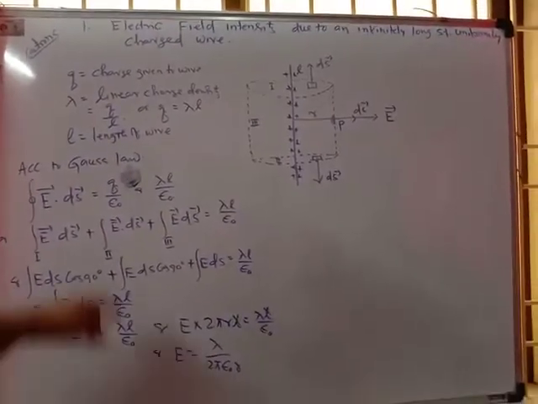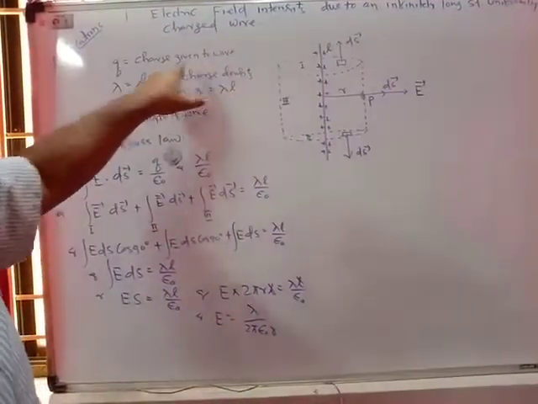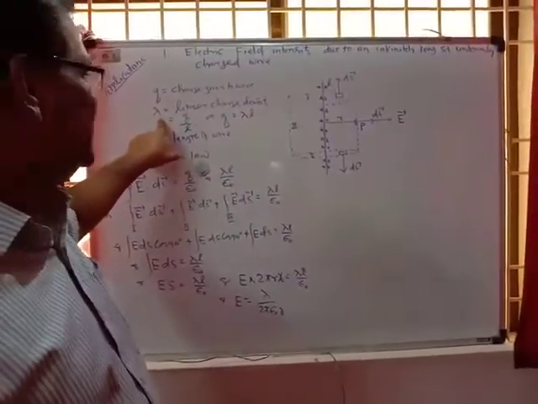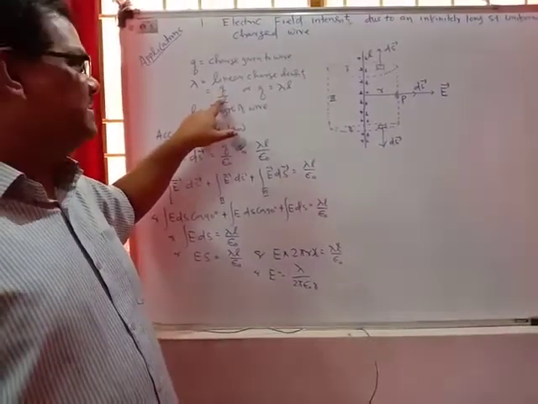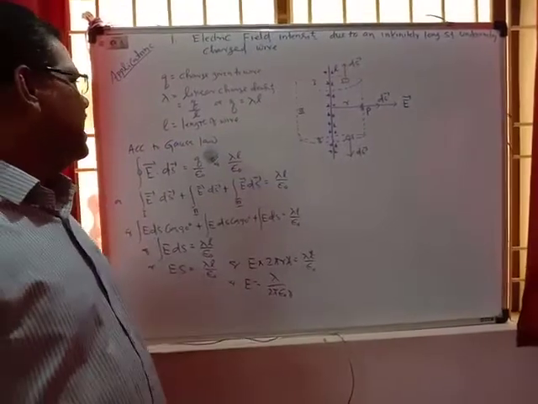Q is the charge given to the conductor, and lambda is the linear charge density. Linear charge density means total charge Q upon L, where L is the length of the conductor, so Q equals lambda into L.